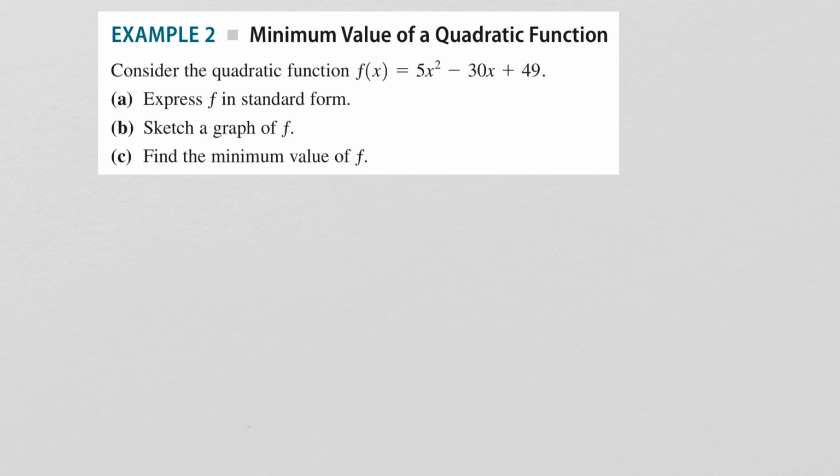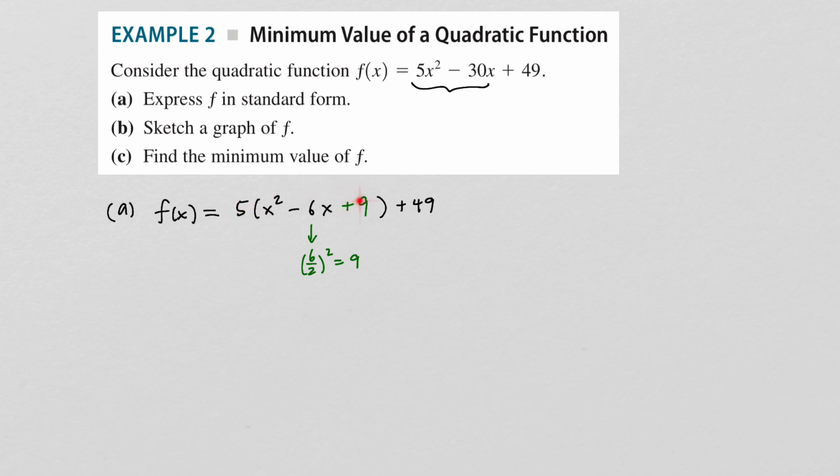So first we have to express it in standard form. We have f of x is equal to, I'm going to factor the 5 out of the first two terms, just like we did before. And then now we're going to take half of this number and square it, and that gives us 9. So we're going to add 9 once again.